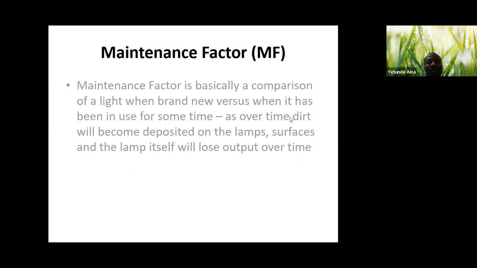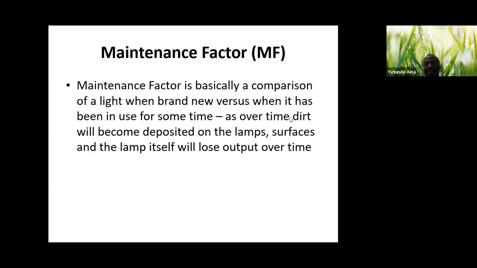Let's take a look at some of these terms that we have in this formula, like maintenance factor. What is a maintenance factor? A maintenance factor is basically a comparison of light when brand new and when it has been in use for some time.